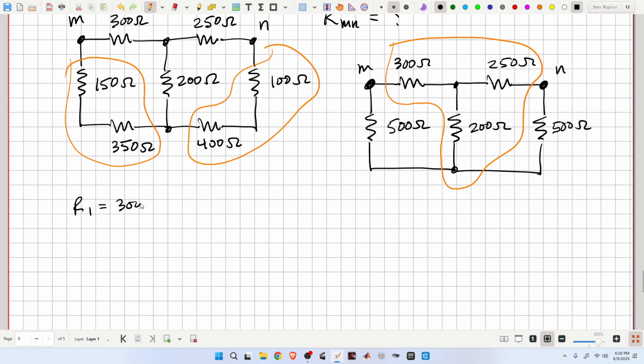R1 is 300 ohms, R2 is 250 ohms, and R3 is 200 ohms there.